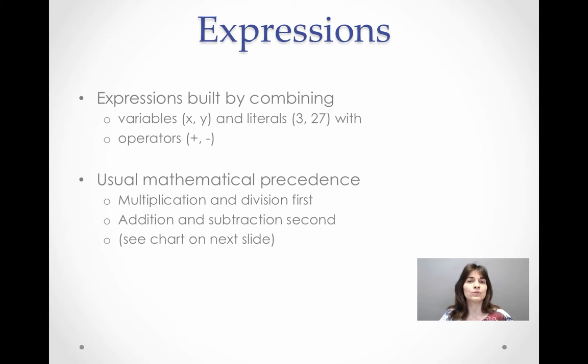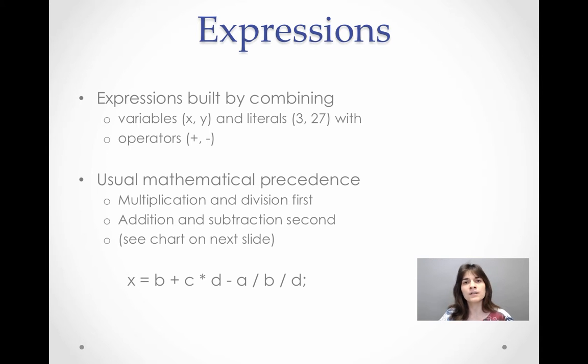In other words, we need to know the rules of precedence. And like algebra, we follow the same rules for the mathematical operators, so division and multiplication have higher precedence over subtraction and addition. Just to remind ourselves, let's take a look at an example.